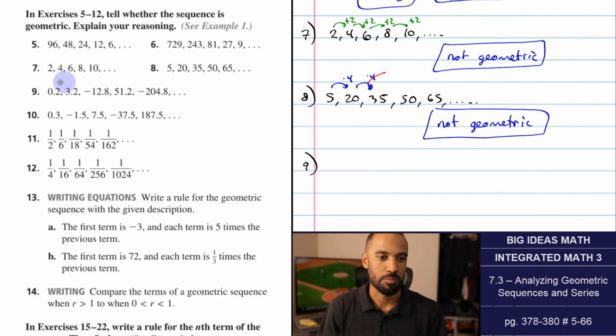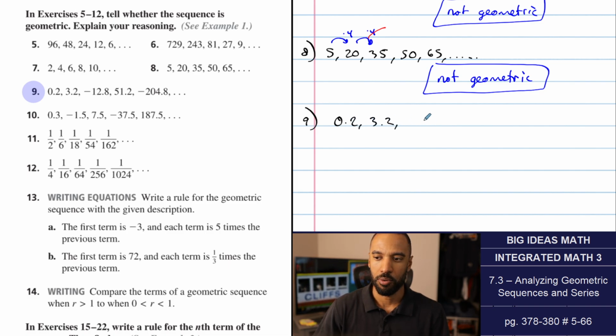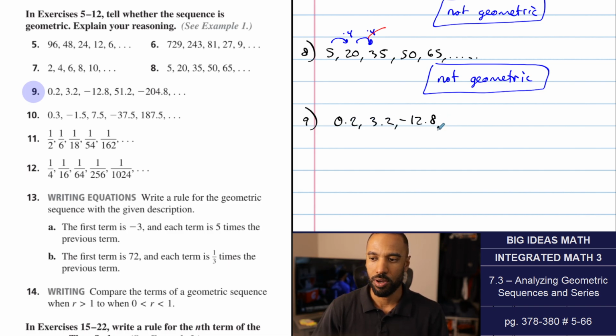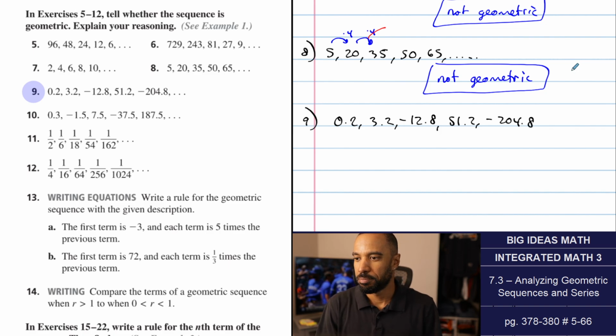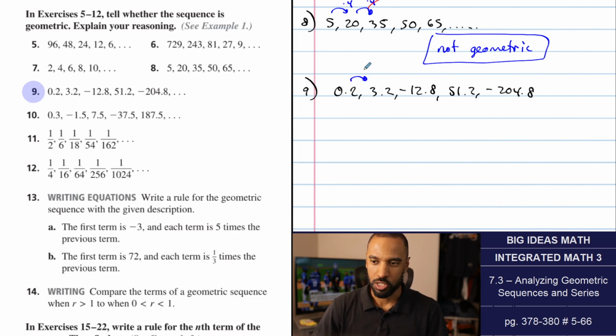Number 9, we start to hit some decimals, and ones that I believe could be geometric. This thing probably just misses the boat. Let's see what they're going to say here. So I got 0.2, 3.2, negative 12.8, 51.2, and negative 204.8. Never mind either way. This one, you could do division to figure these things out, but this one is times 16.